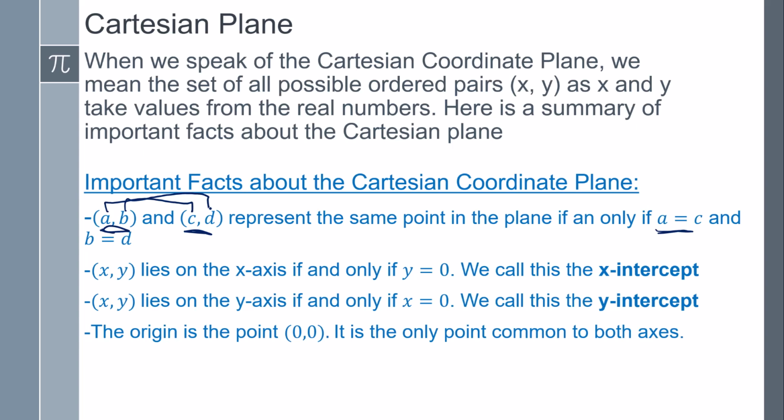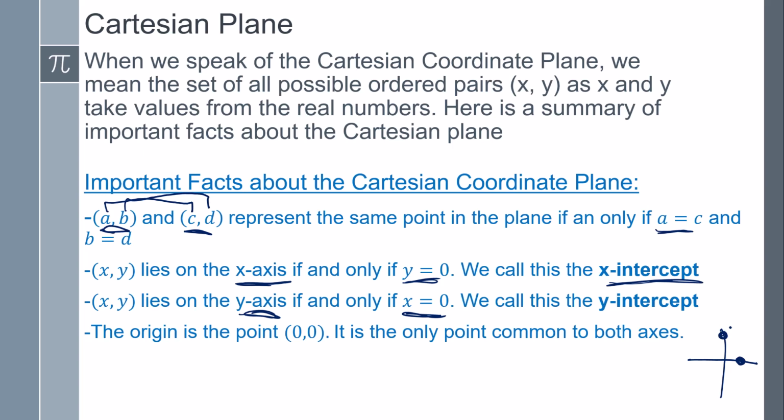Now, the point x, y lies on the x-axis if and only if y is 0. And if that happens, we call it the x-intercept. Now, x, y lies on the y-axis if and only if x equals 0, and we call that the y-intercept. So wherever it crosses the axes, if the point crosses the x-axis, we call that the x-intercept.